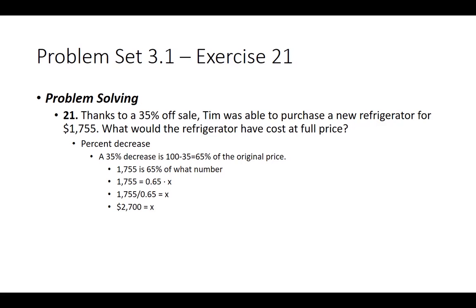That's what we need to know. This directly translates to 1,755 equals 0.65 times X. We solve this by dividing both sides by 0.65, and 1,755 divided by 0.65 is 2,700. So at full price, the refrigerator would cost $2,700.